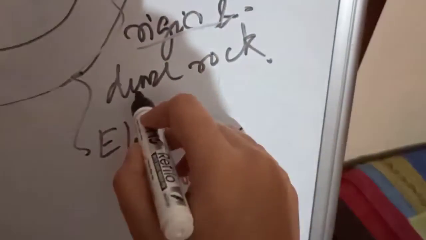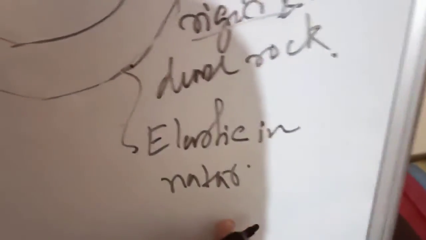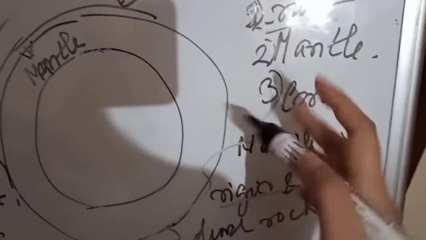One is that it is made up of rigid and dense rock, and the next is that it is very much elastic in nature. I'm going to go into details about this later. I'm just giving you the basic idea about all three parts of the earth. Later on I'll go into details about each part.